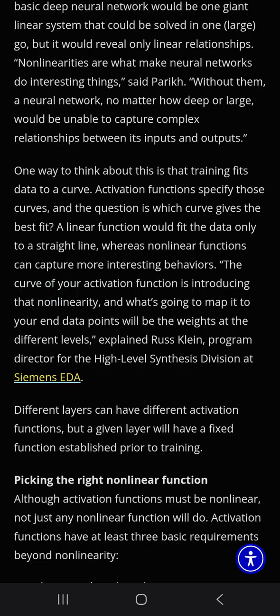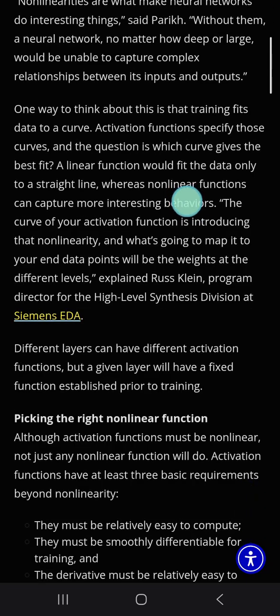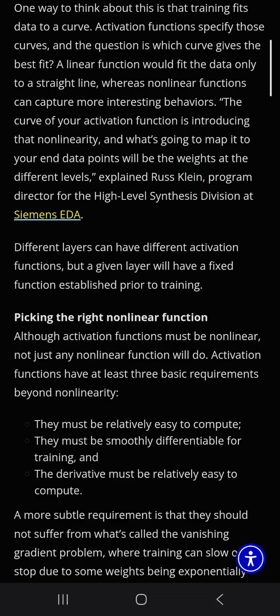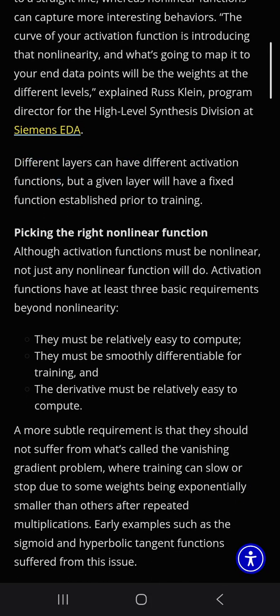The curve of your activation function is introducing that nonlinearity, and what's going to map your endpoints and data points will be the weights at the different levels, explained Russ Klein, program director for the High-Level Synthesis Division at Siemens EDA. Different layers can have different activation functions, but a given layer will have a fixed function established prior to training.